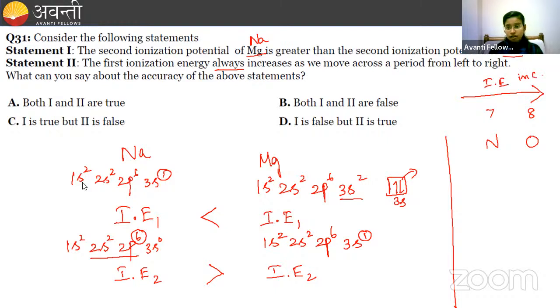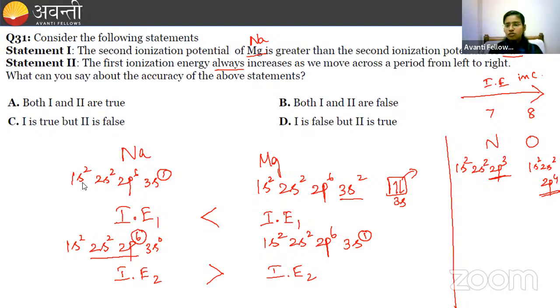But nitrogen has a half-filled stable electronic configuration, 1s2, 2s2, 2p3, and for oxygen it is 1s2, 2s2 and 2p4. 2p4 is partially filled and 2p3 is half filled for nitrogen. We have 3 p orbitals and 3 electrons, so it is a half-filled configuration.